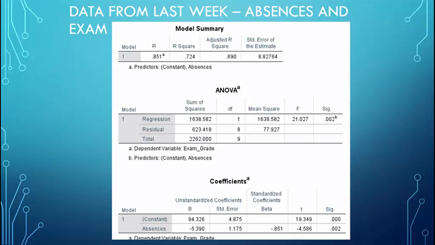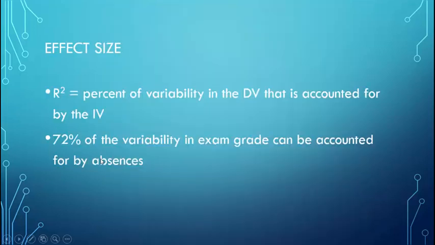And how it works, once you run your analysis, you get something that looks like this. A couple of things that are important for us. I have here the effect size. So the effect size in this case is what we call R squared. Just like we used in ANOVA, R squared is the percent of variability in the dependent variable that's accounted for by the independent variable.